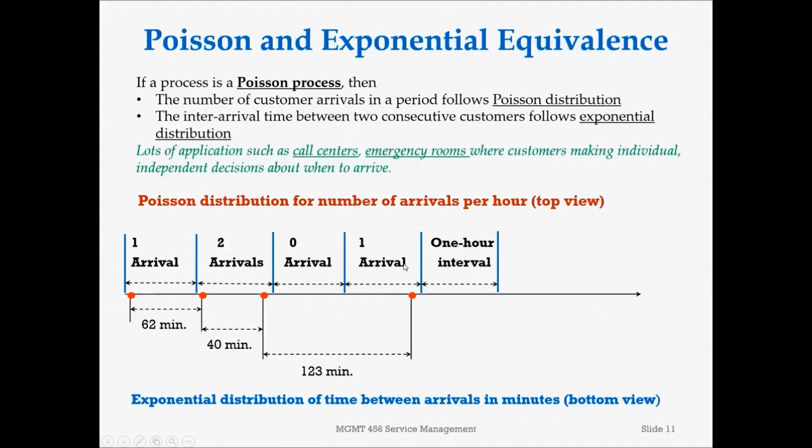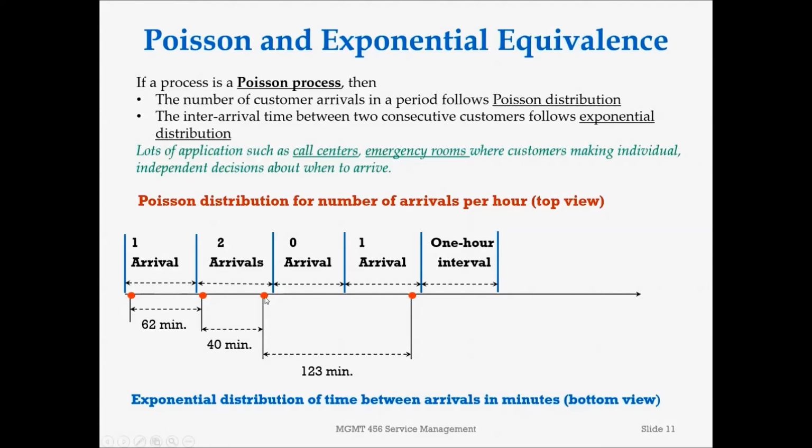It's one perspective. A second perspective, you can look at the process, called the bottom view. Instead of looking at the number of customers in each hour, we can also focus on the time between two consecutive customers. For example, the time between the arrival of the first and second customer is 62 minutes. The time between the second and third customer is 40 minutes.